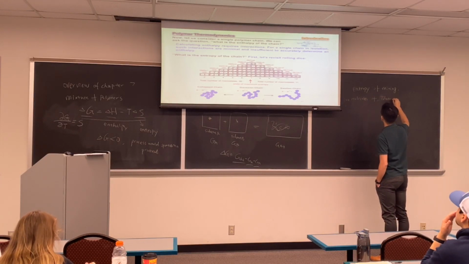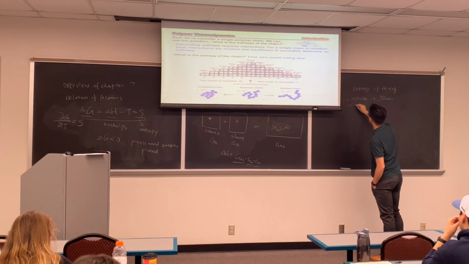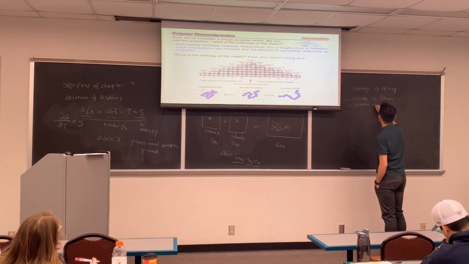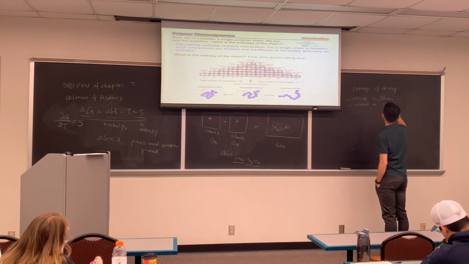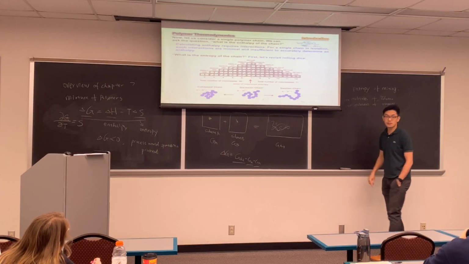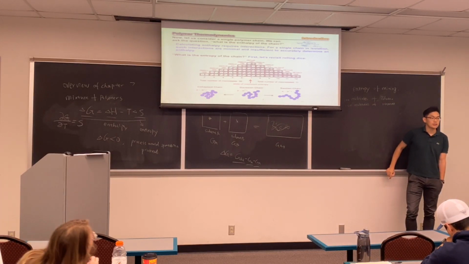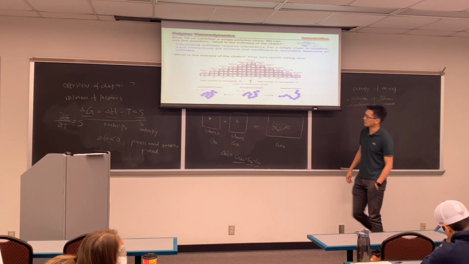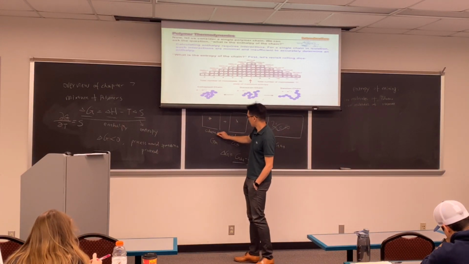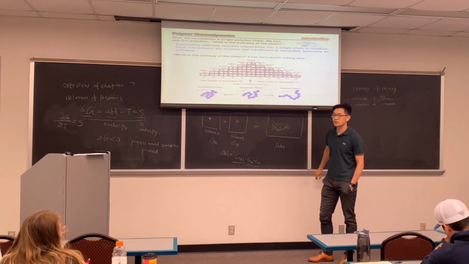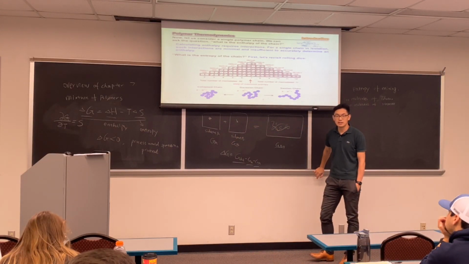Let's do toluene. If we mix these two, how do we understand their mixture behavior? So let's use this example again. We have solvent A, solvent B, and mixed into solvent AB.